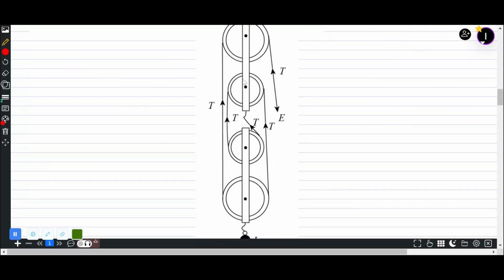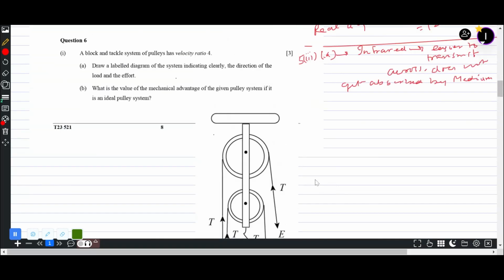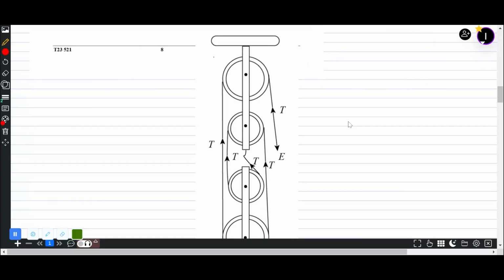So how many pulleys do you see? The 4 pulleys. The mechanical advantage is n times, and the velocity ratio is also appropriately worked out. So we have to draw a labeled diagram of the system. Here we have effort being put from this side.